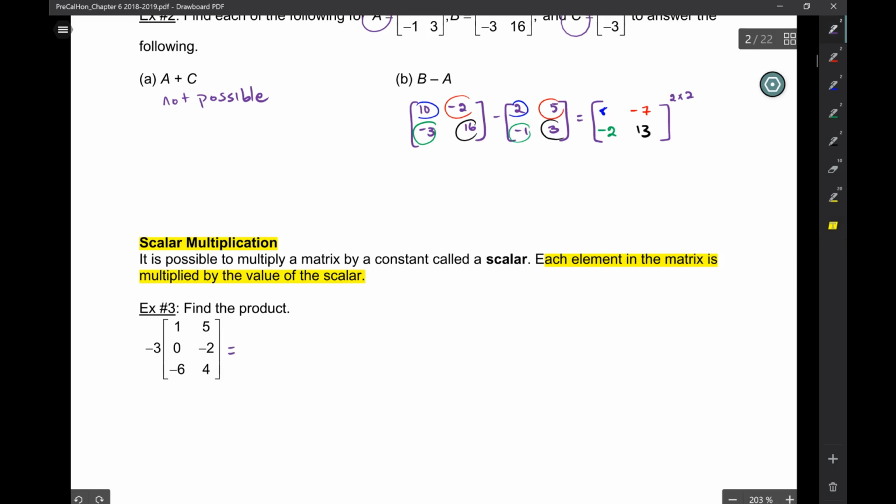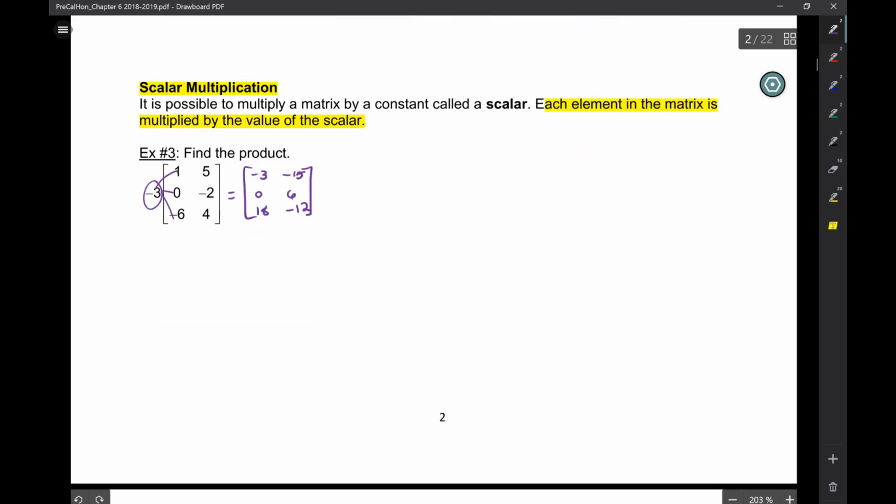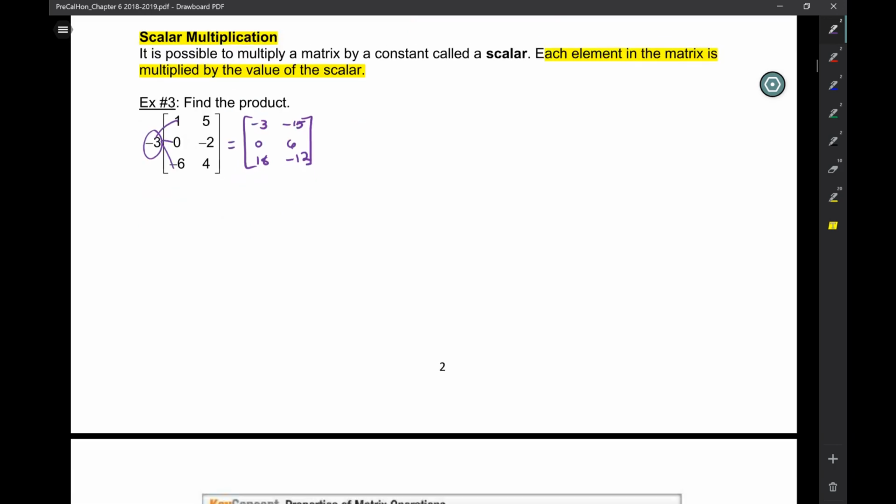You have a 3 by 2 here, you're going to end with a 3 by 2. Multiply every single element by -3. So we get -3, then -15, 0, 6, 18, -12. That's scalar multiplication.